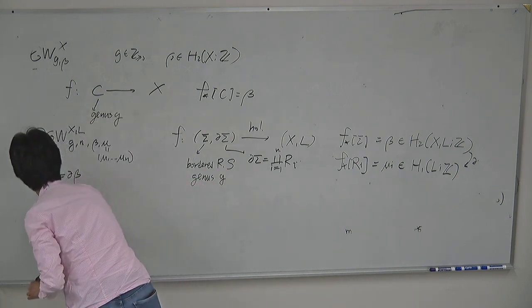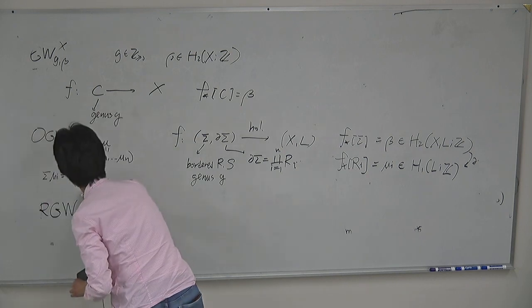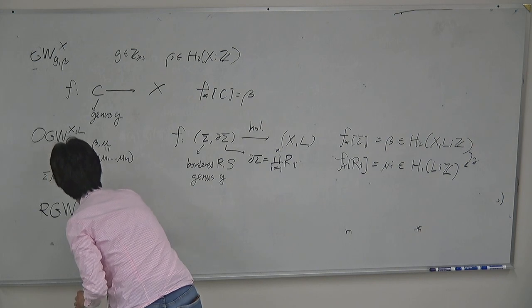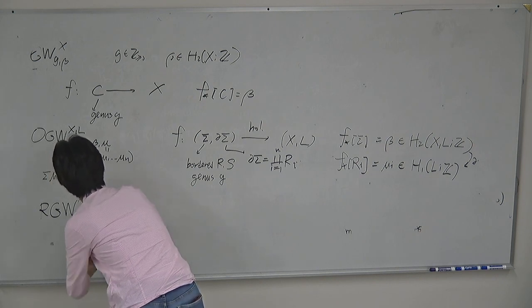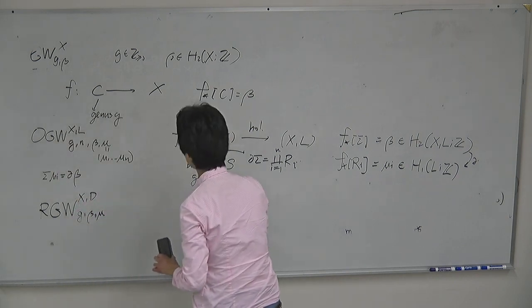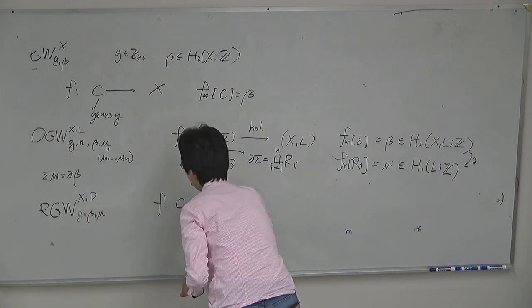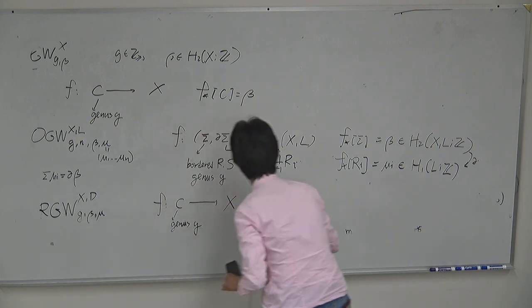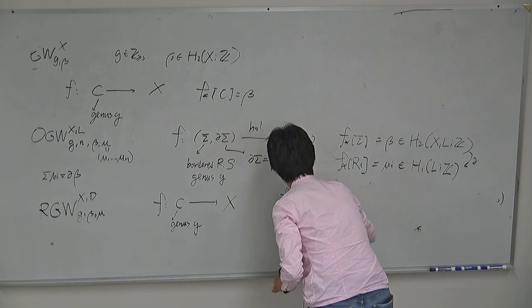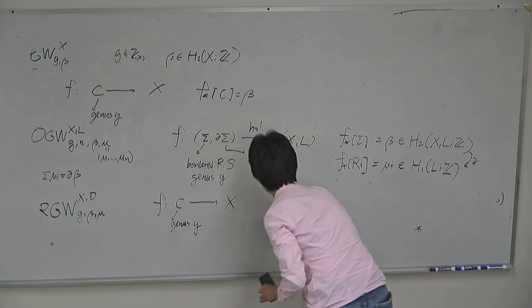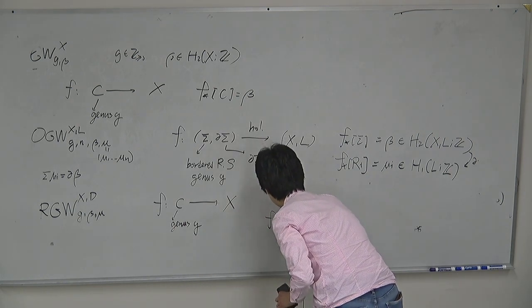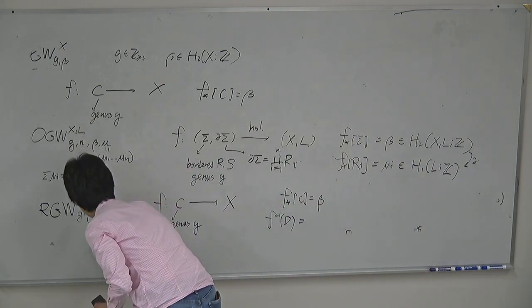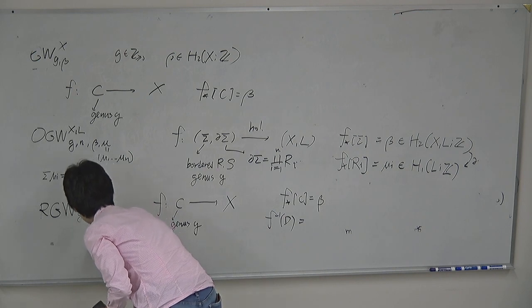So also we consider relative invariants. So this is X relative to D, genus g, degree beta. We require that if you pull back this Cartier divisor D, it's given by a partition mu.